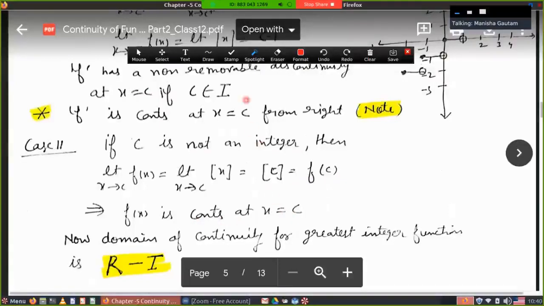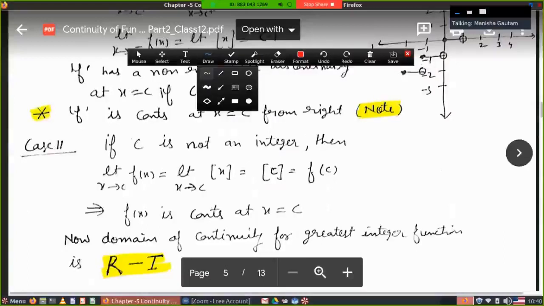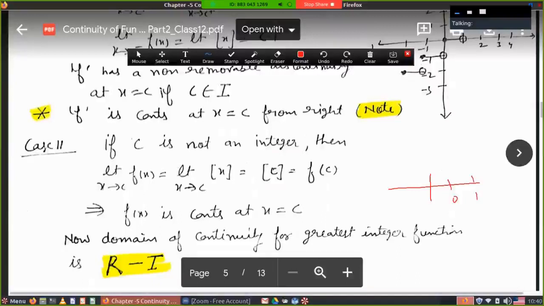I will explain it like this. Suppose you take any number which is not an integer, suppose 1.5. When you tend to 1.5 from the right-hand side and from the left-hand side, what is the value?